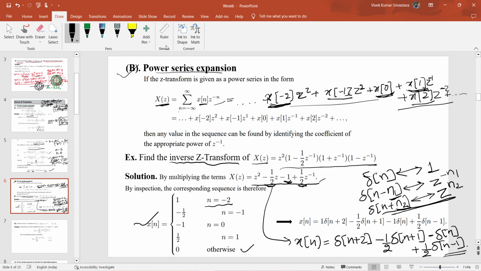So you can see that by using this power series expansion method we can easily determine the inverse z transform. This is another kind of method that we can adopt.